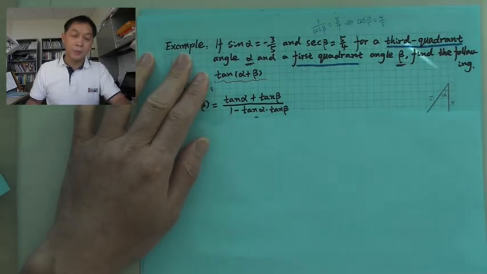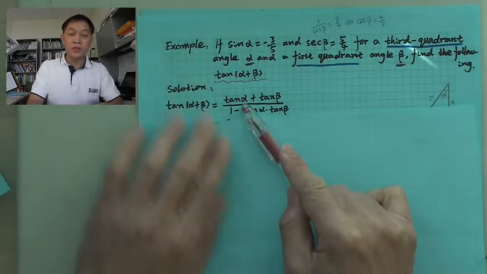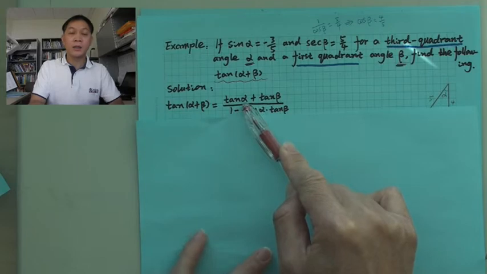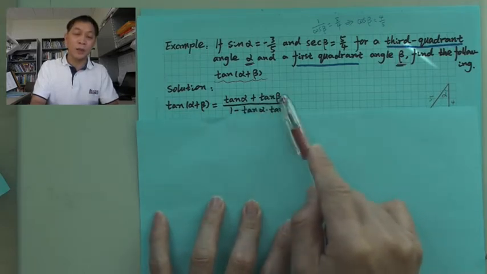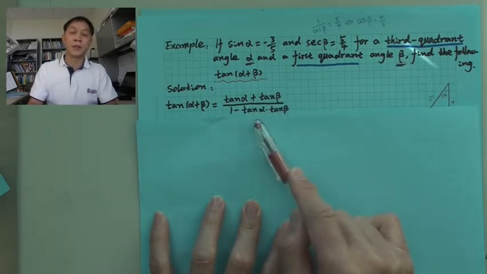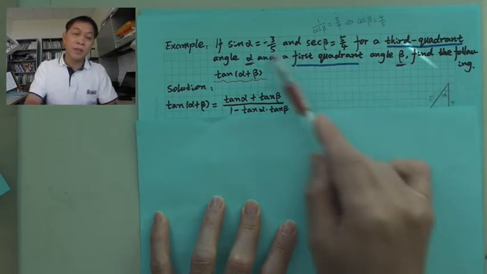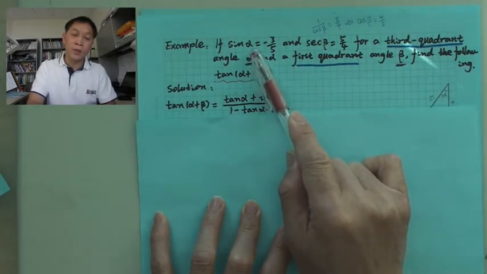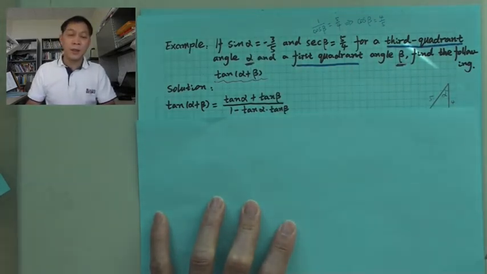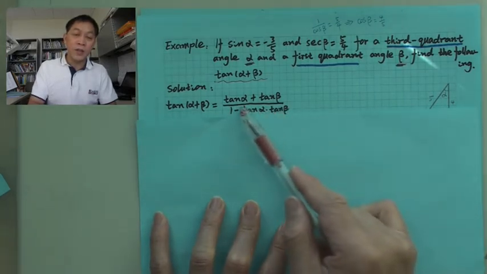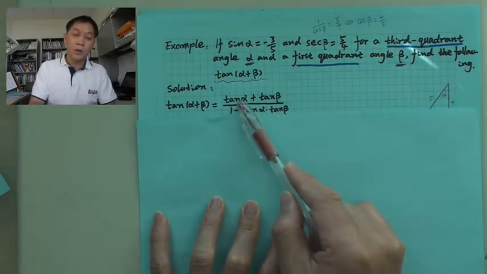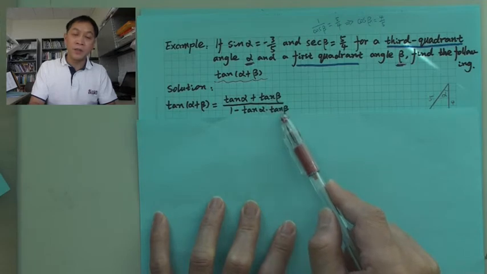Now we need to figure out those two values only. We are given sine alpha, and if we can figure out tangent alpha, similarly we can also figure out tangent beta.